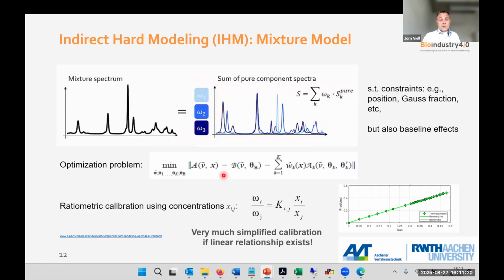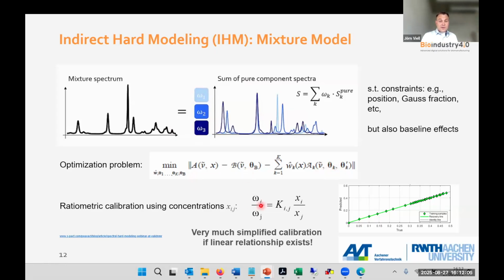The optimization problem is basically that we want to minimize the difference between a measured spectrum, a measured area basically, at a certain wavelength, subtracted by a baseline. We'll come to that in later slides. And with the sum of all these peak functions that have the predefined model vectors of the individual pure component peak functions. Having done that, we have these areas and its weights.